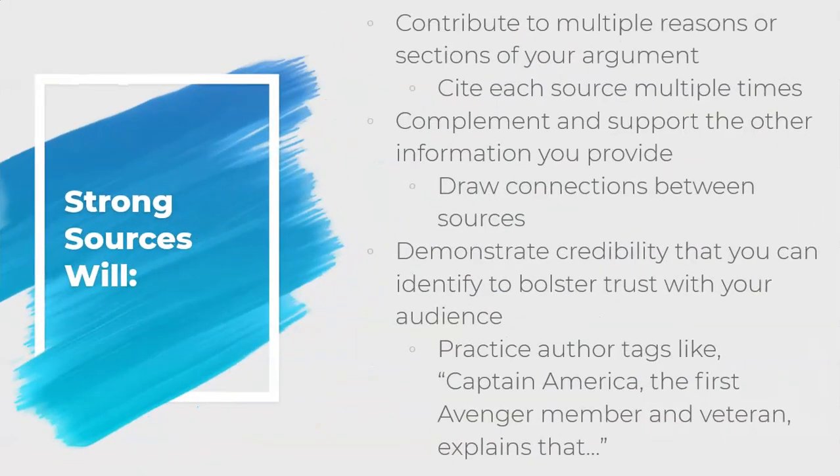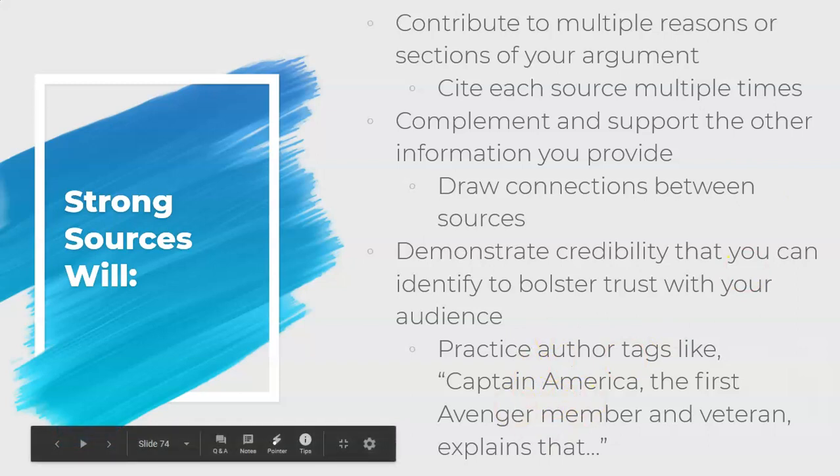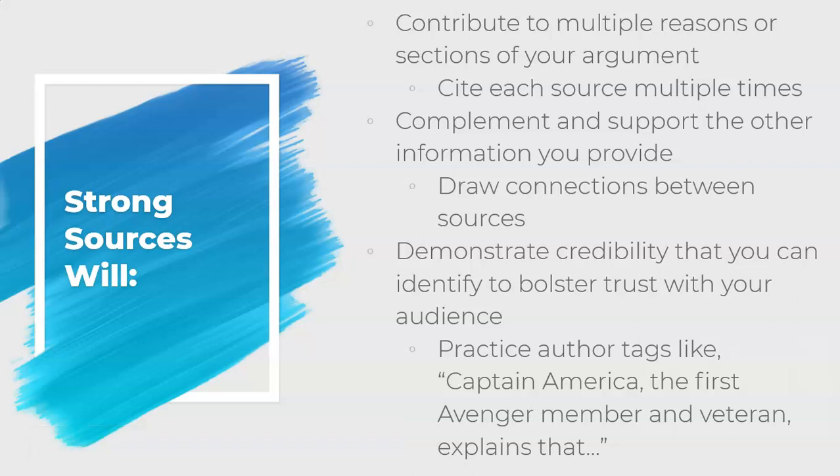When you think about your sources, when you try to synthesize, we want to make sure that all of these sources really come together in multiple sections, that you're citing them multiple times, that it's clear how these sources are related to each other. One of the ways that you can do this is through strong author tags. This also builds your ethos. For instance, my example here: Captain America, the first Avenger member and veteran, explains that.